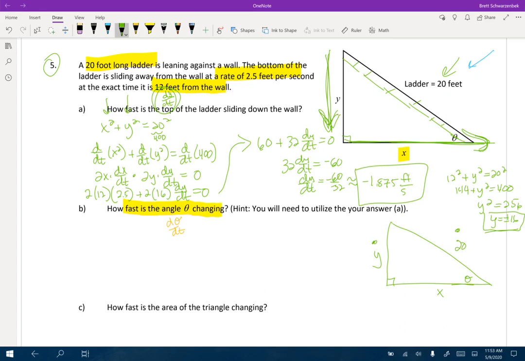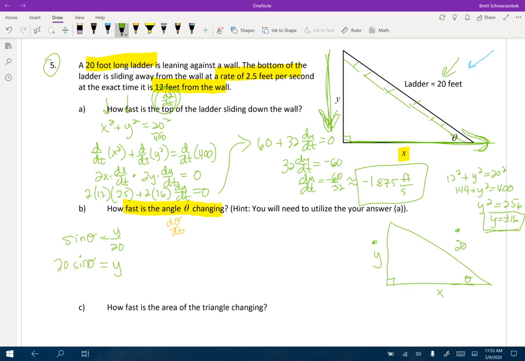In other words, opposite over hypotenuse. Well, that is clearly going to be sine. So what is the formula? It's sine theta is equal to y over 20. And I would love to get 20 on the other side, so my formula is going to be 20 sine theta is equal to y.